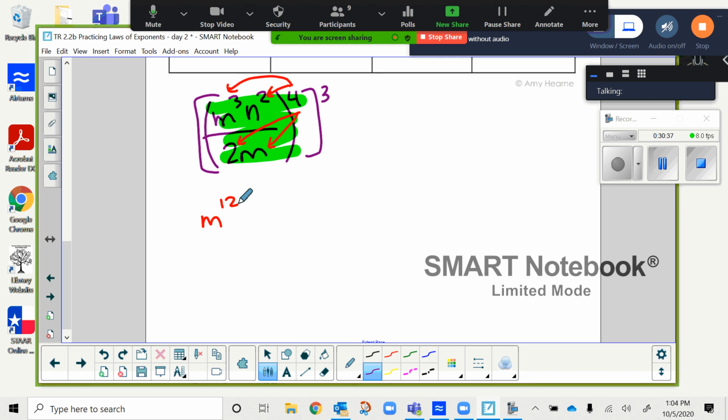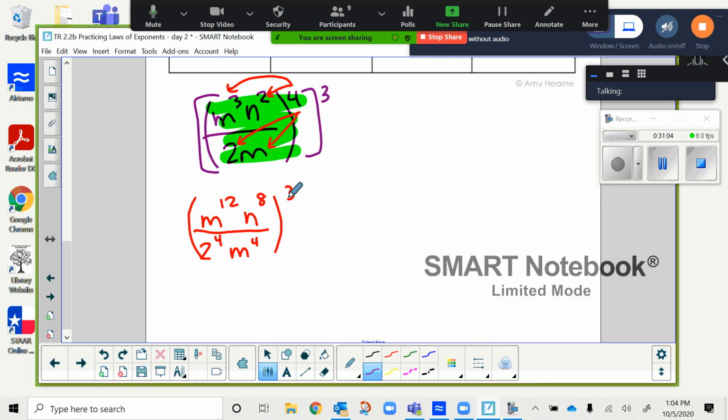The n squared to the 4th becomes n to the 8th. The 2 on the bottom, remember, it has an exponent of 1. And 1 times 4 is 4. And then m to the 4th. And then all of that is to the 3rd power on the outside.